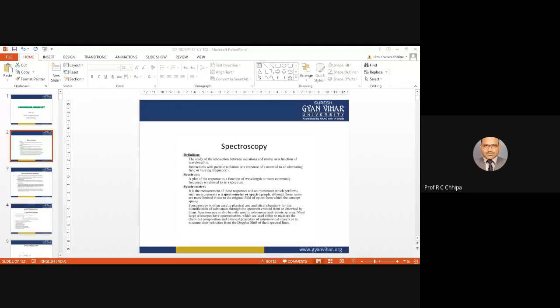But that is more facile, and then it can be more automated. With automation, we use infrared radiation, and that is the thermal scanning of the body.